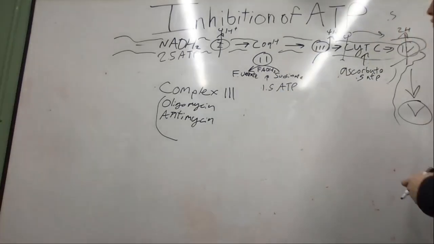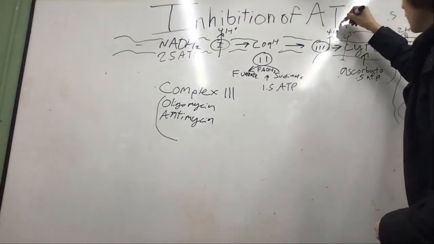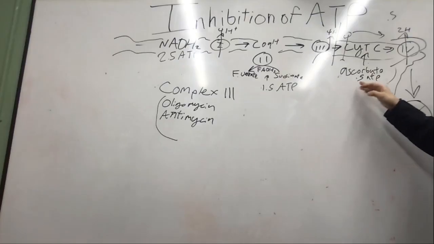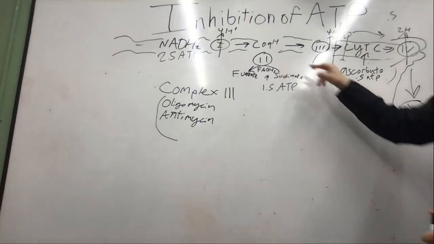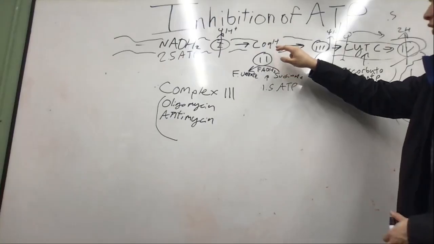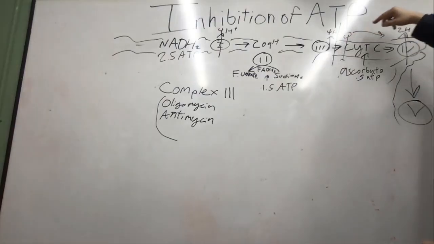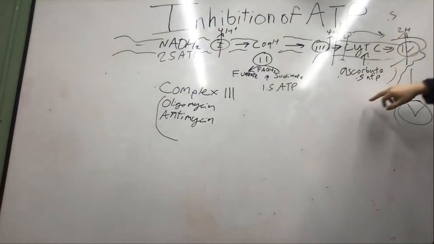What's happening here is we're blocking off this, right? So we can only get electrons from ascorbate, because if you think about it, coenzyme Q, which is donating electrons, can't donate to complex 3, which then can't send electrons to cytochrome C, except for our ascorbate.